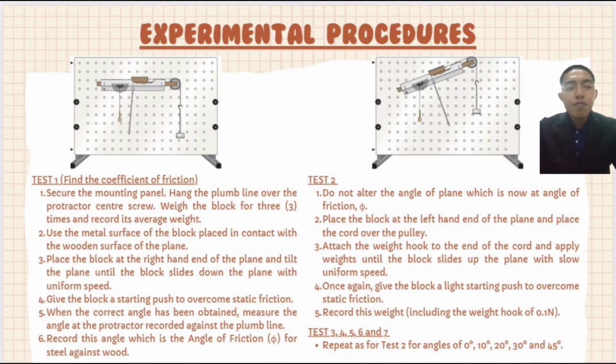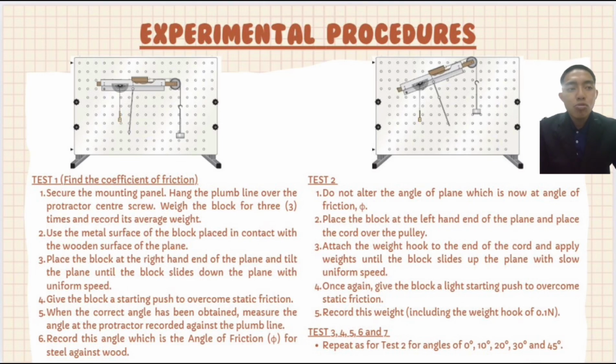Next, give the block a starting push to overcome static friction. When the correct angle has been obtained, measure the angle at the protractor against the plumb line. The last one is to record this angle, which is the angle of friction of steel against wood.